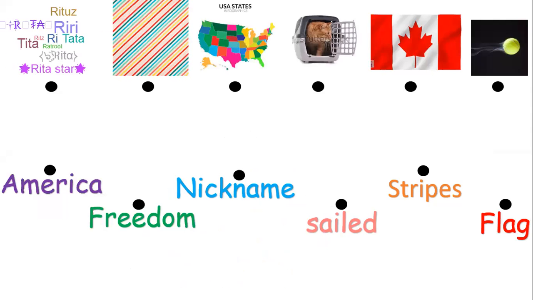Okay, now let's do this exercise. We want to match each word with its picture. The first one, America. Okay, this is America. Number 2, freedom. Number 3, nickname.